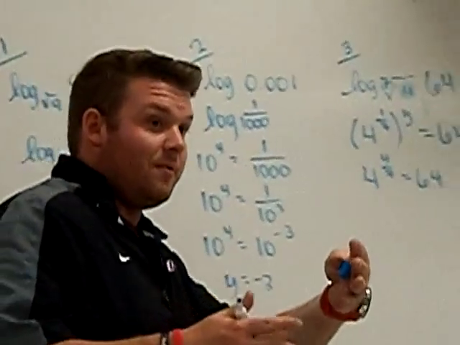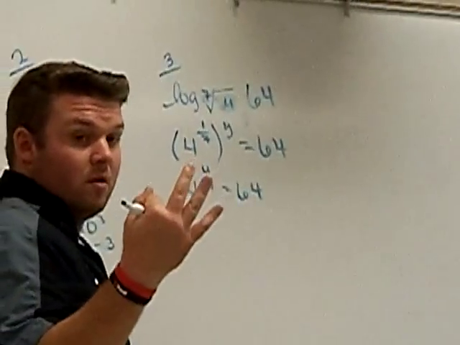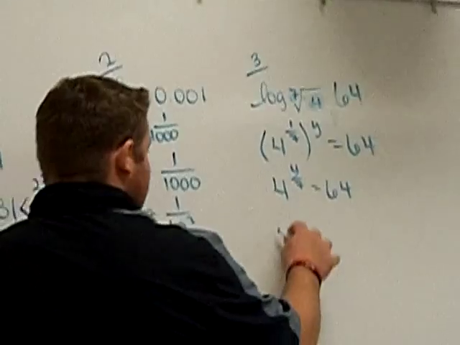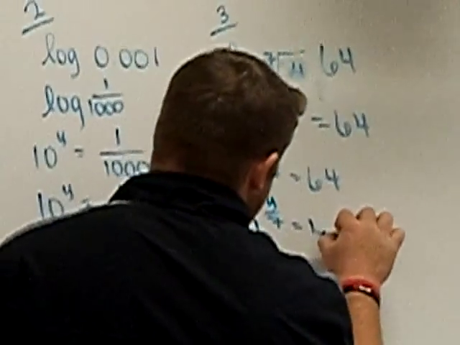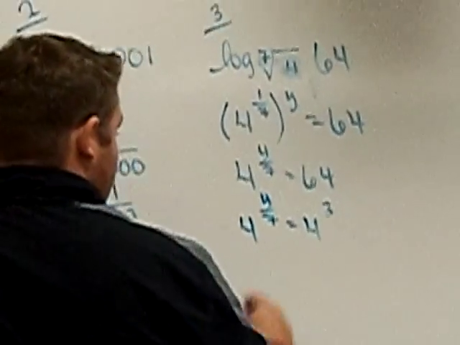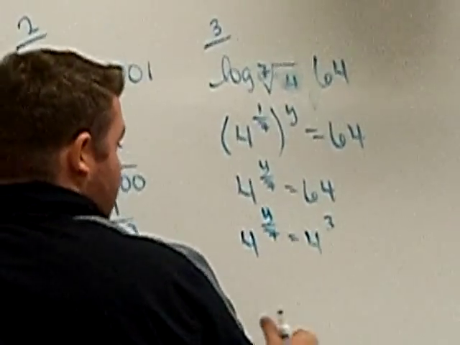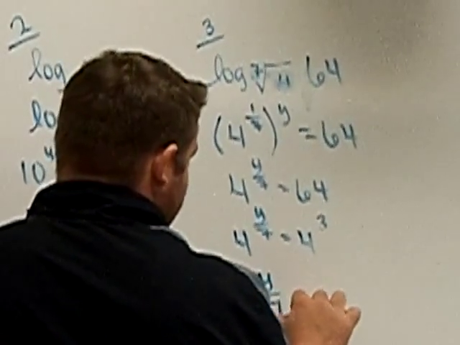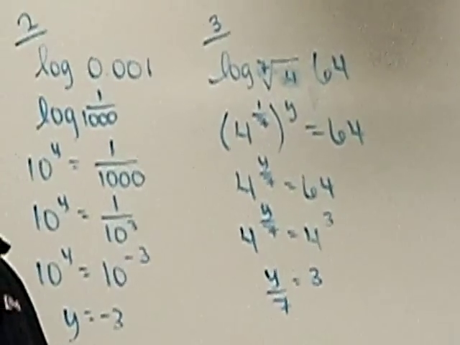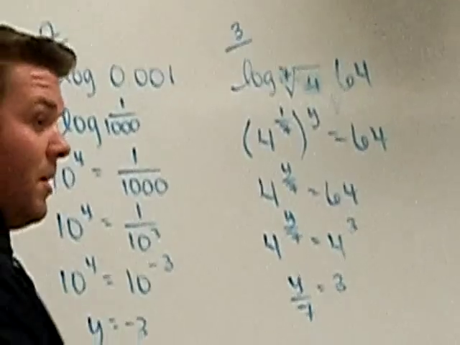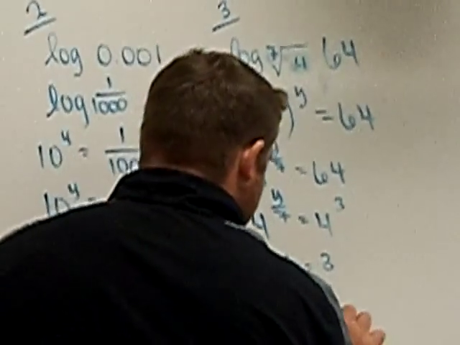So 4 squared times 4 is 4 cubed. So we have 4 to the y over 7 equals 4 cubed. Your bases are the same, drop them, set your exponents equal to each other. How do I solve for y? Multiply by 7, you get y equals 21.